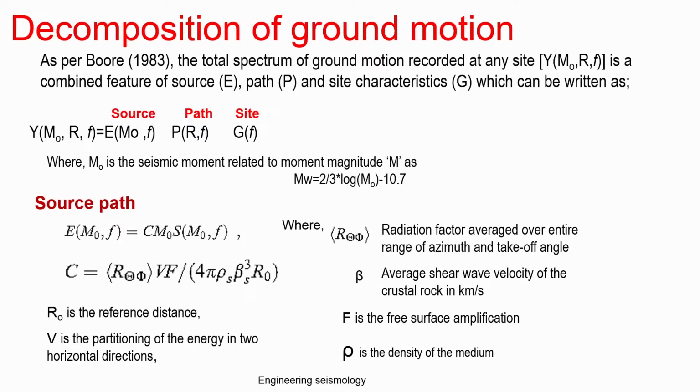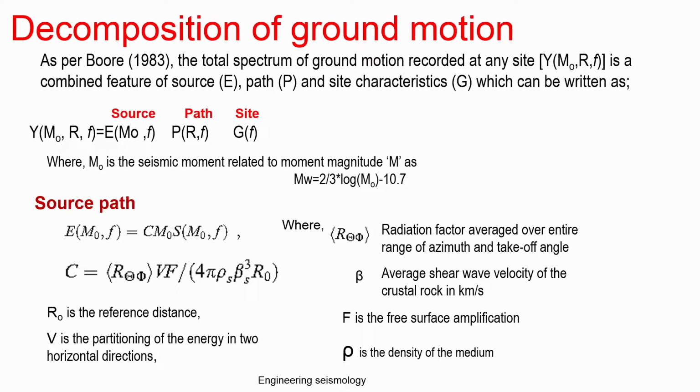So, what Boore did in 1983, you can see the model, was developed less than 40 years back. Boore, the USGS seismologist, is a well-known, world-famous seismologist, and I have had some interaction with him. He said that the total spectrum of ground motion recorded at any site is a function of the combined features of source, path and site characteristics.